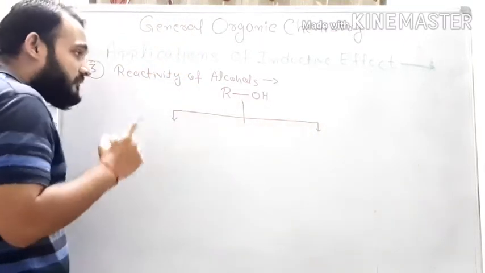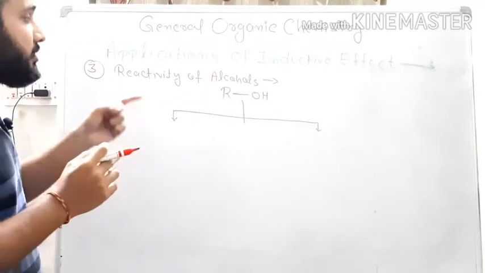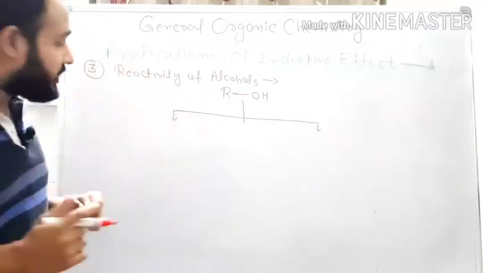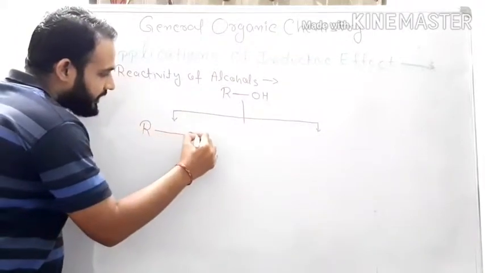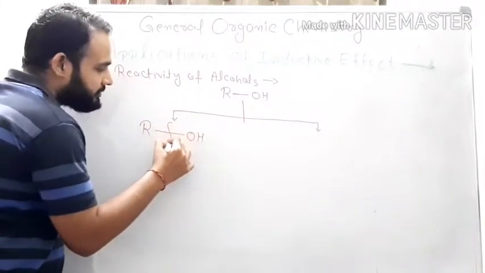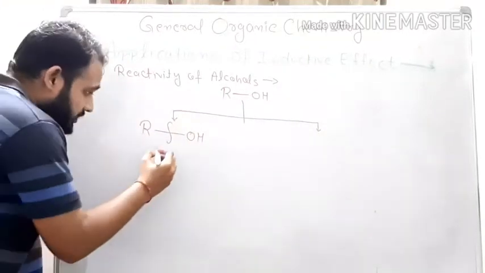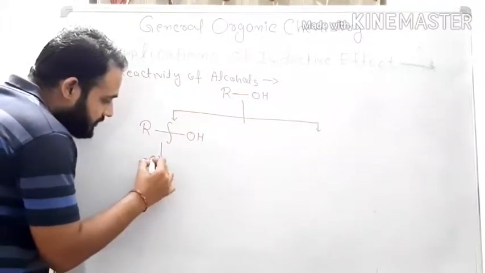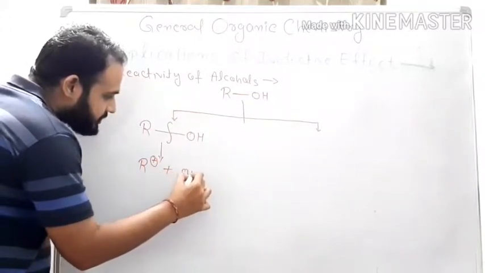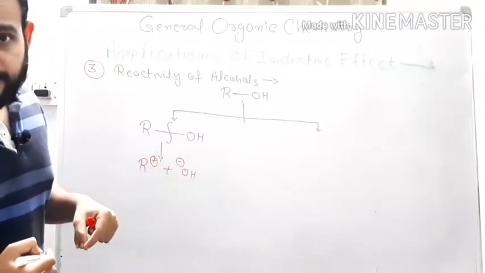See, the first possibility is that the bond is cleaved between carbon and oxygen. Because of this we have these species, that is R plus and OH minus.